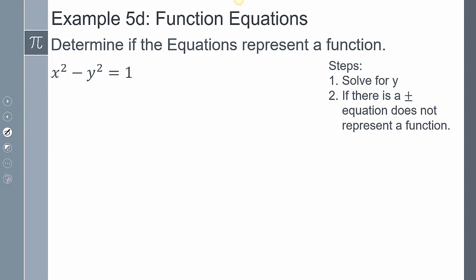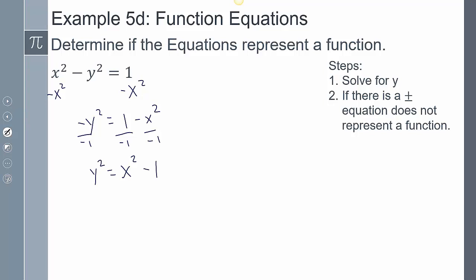This next one here, I got to get y by itself, so I can subtract x squared on both sides. So I get negative y squared equals 1 minus x squared. Then I can divide everything by that negative 1. And so I get y squared equals negative is a positive, so I can say x squared and then positive negative is a negative, so it'll be x squared minus 1.